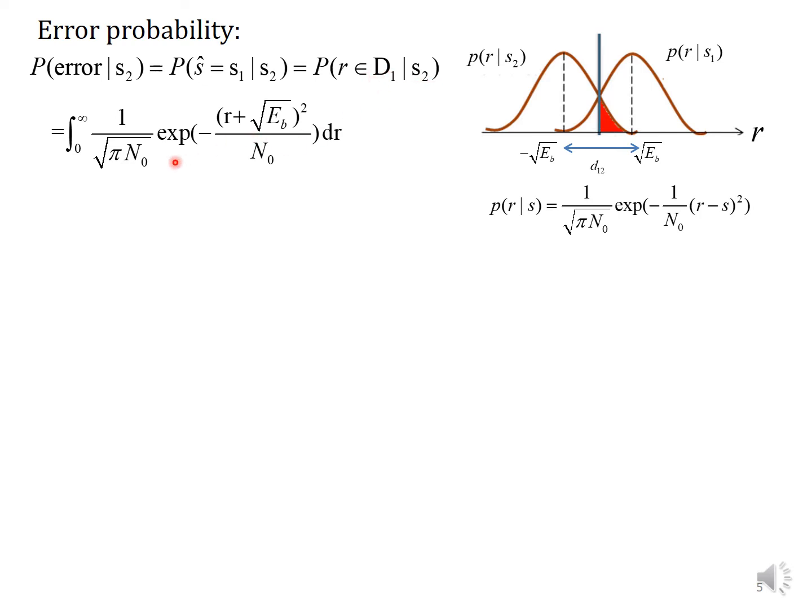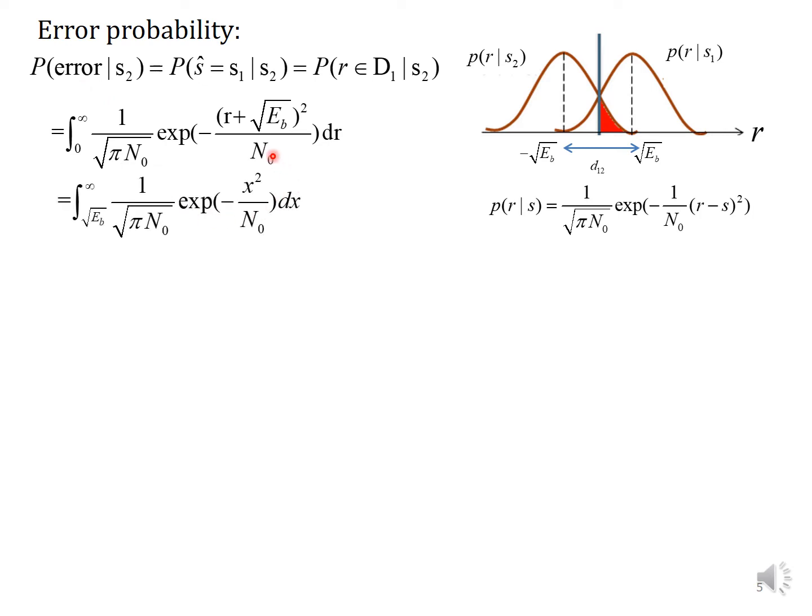That means it would be the integral of this Gaussian distribution with mean value on S2, on the negative side, and the tail probability from 0 to infinity. That would be the error of S2.